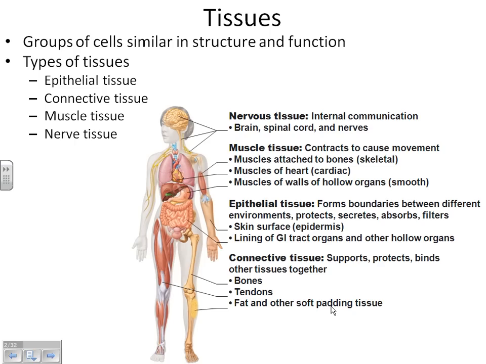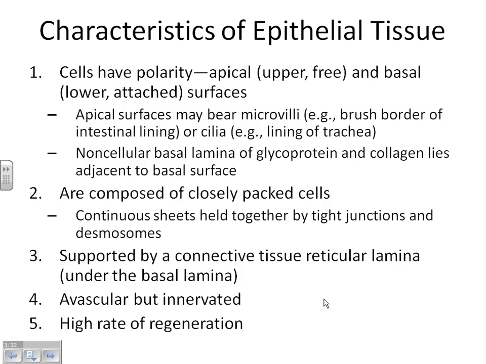Skin everywhere, right? There's skin all over my body. Everywhere you have skin, you have epithelial tissue with more than one layer of connective tissue under it. And then you got more connective tissue under that. So you got more connective tissue than anything else. That's why you guys were prompted to say the connective tissue is going to be the hardest. Because that's what you have more of. You got more different types. Okay? So we're going to start with epithelial tissue.